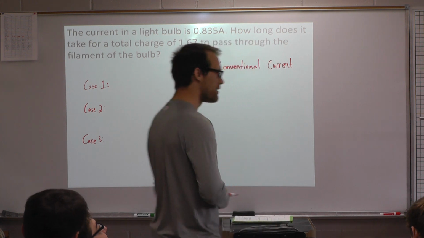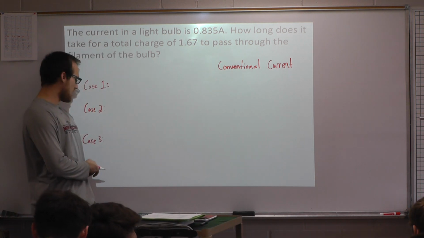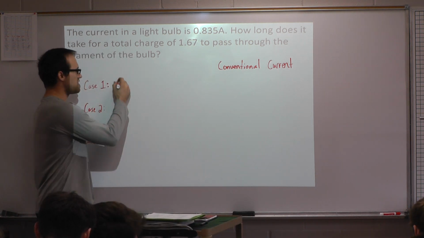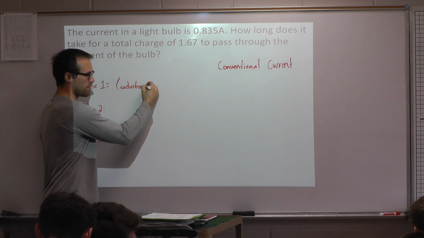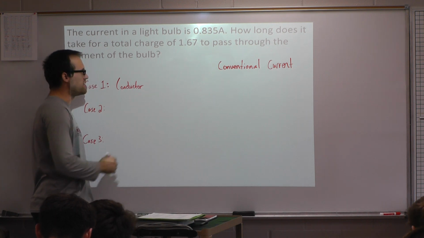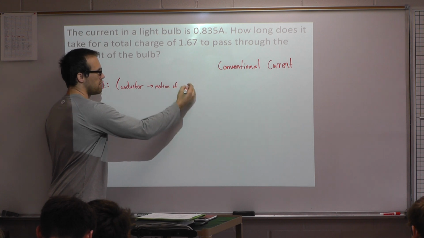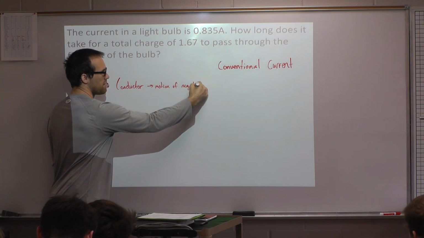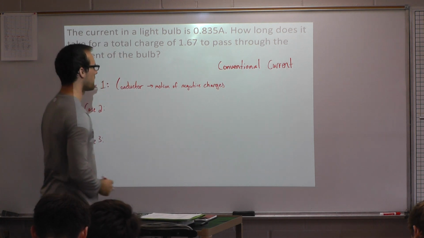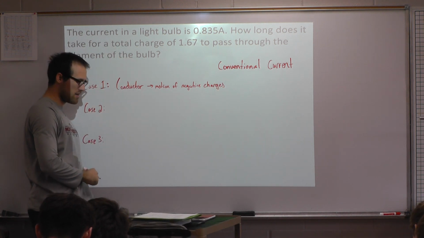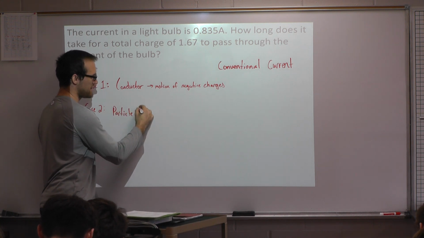Okay, so the first case we're most familiar with is just a conductor. That is going to be the motion of negative charges. The second case is going to be a particle accelerator.